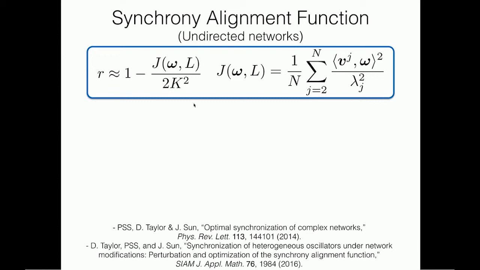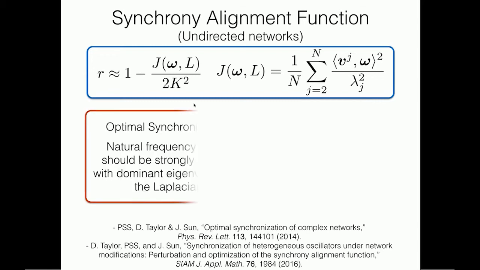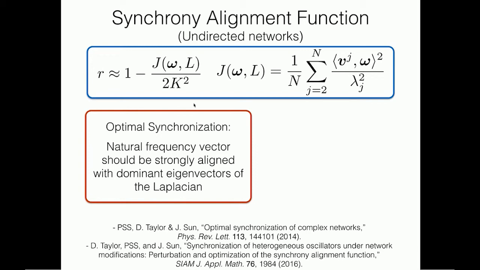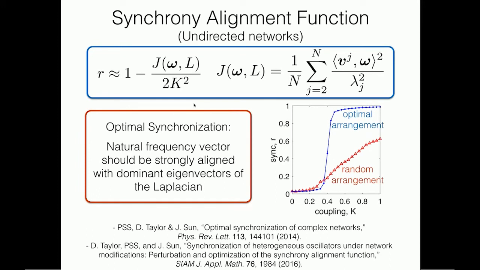Now note that to optimize synchronization here, you want to minimize J. And if you look at how this function is organized, what you really want is to have your natural frequencies aligned strongly with the dominant eigenvectors, thereby minimizing this J. We found that it was surprisingly, or maybe not surprisingly, really effective in a lot of different situations. Here's one just as an example.